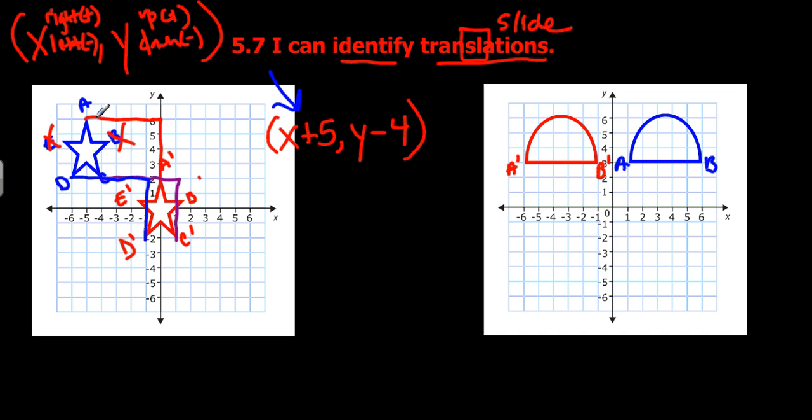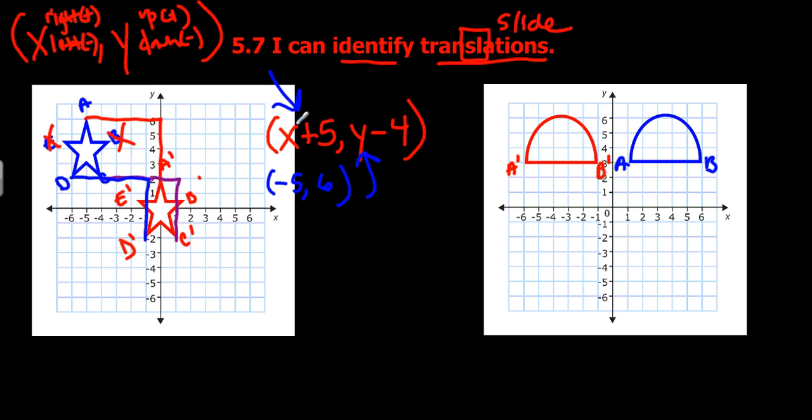There's one other way I could check. I could take a look at what is the ordered pair for point A. If I start on my origin, it looks like I move 1, 2, 3, 4, 5, and up 1, 2, 3, 4, 5, 6. So I'm at -5 because I went to the left, -5, 6. Now if I apply this rule that I think is how my star moved, it should give me the coordinates to A prime.